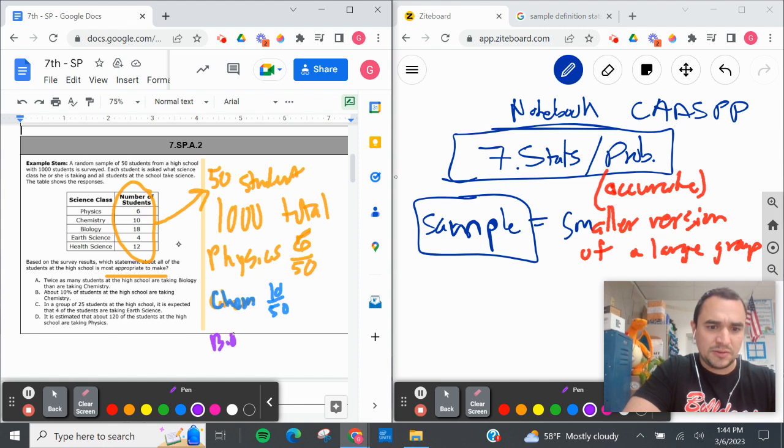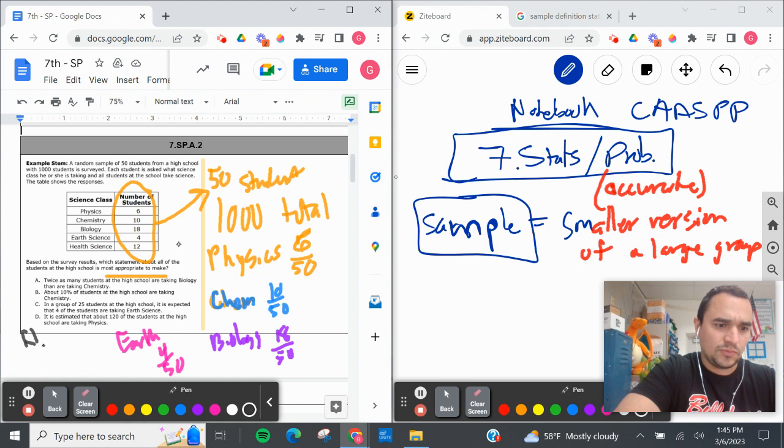For biology, we have 18 out of 50. For earth, we have 4 out of 50. And then for health, we have 12 out of 50.